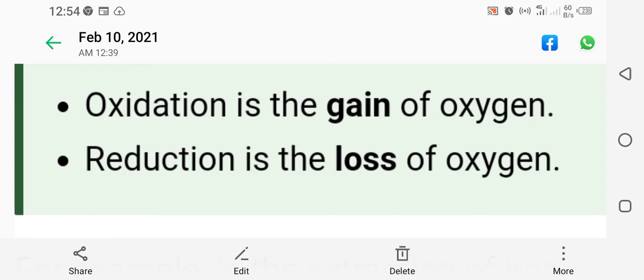There are two electrodes used in electrolysis in the container, called anode and cathode.